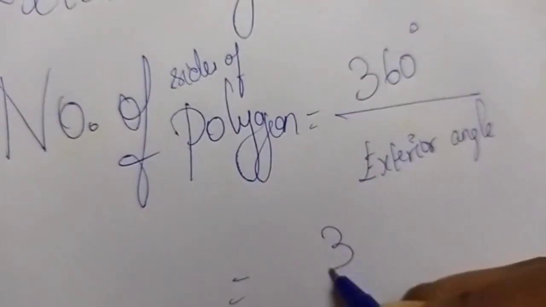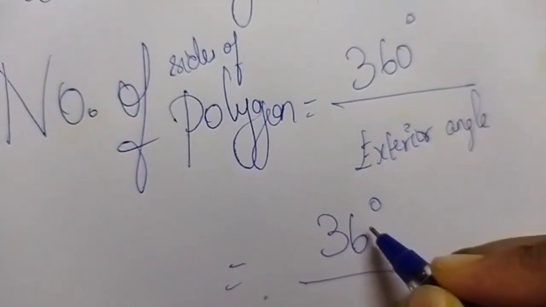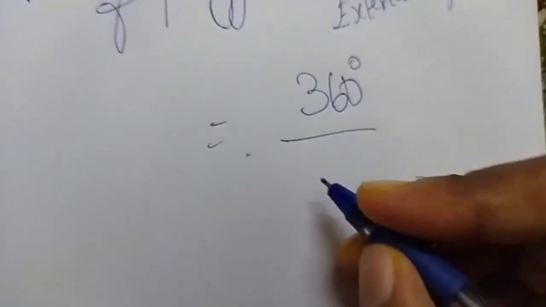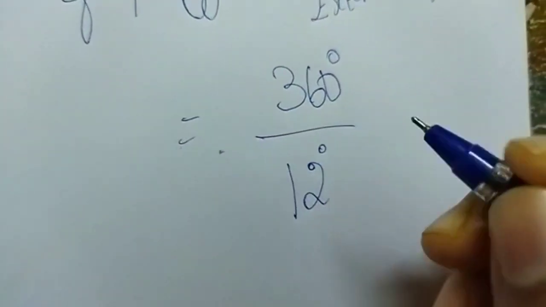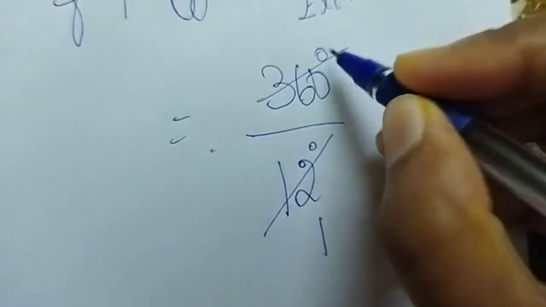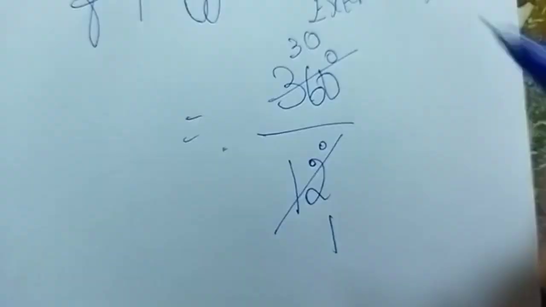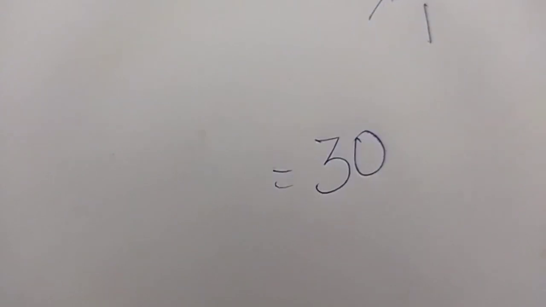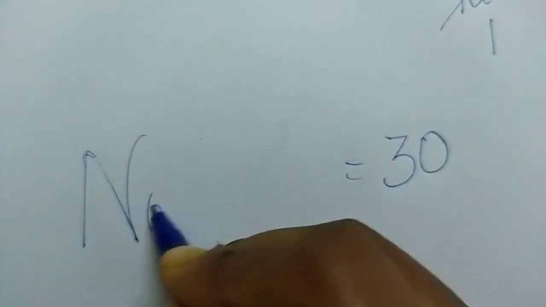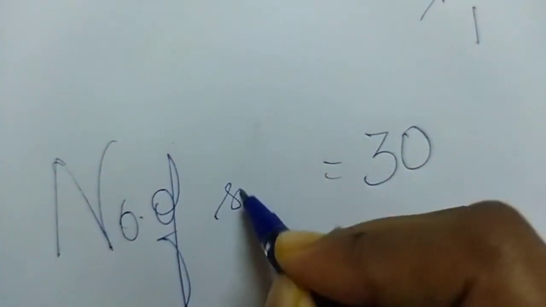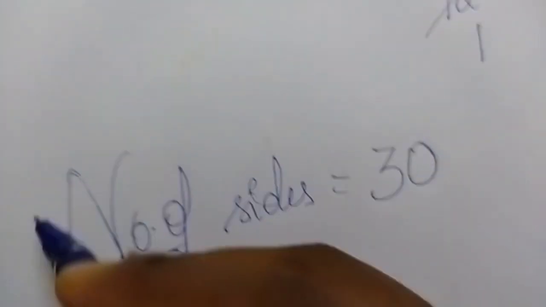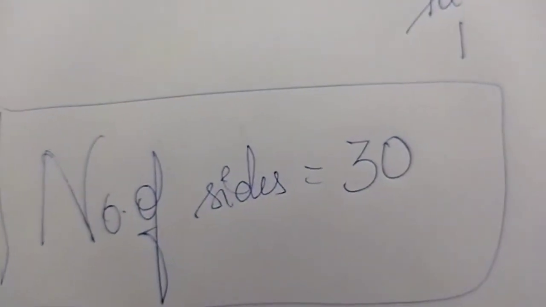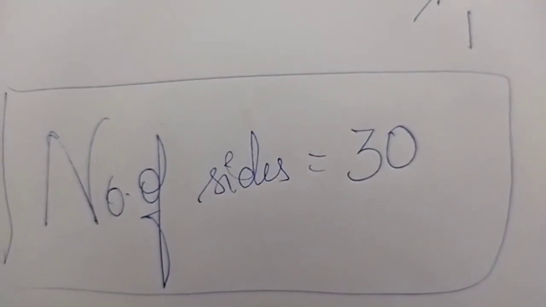So 360 degrees divided by exterior angle 12 degrees. We can use the 12 table. 1 twelve is 12, 3 twelves are 36, 30. So the number of sides of the polygon, where each angle is 12 degrees, is nothing but 30 sides.